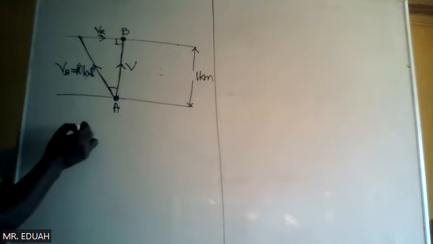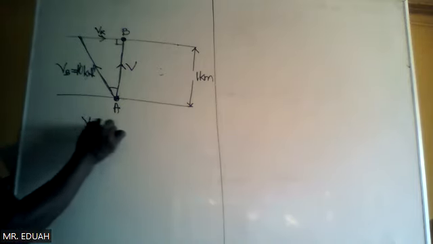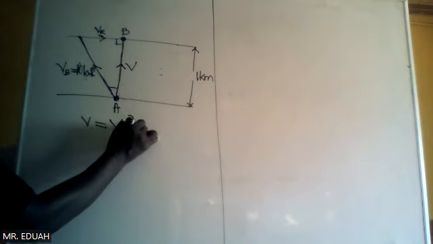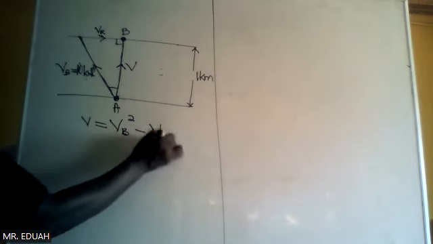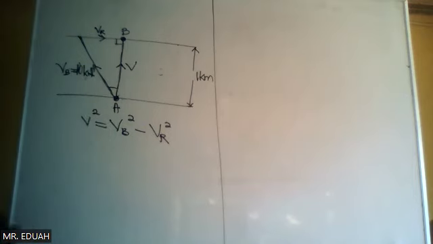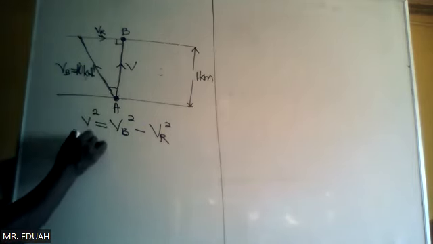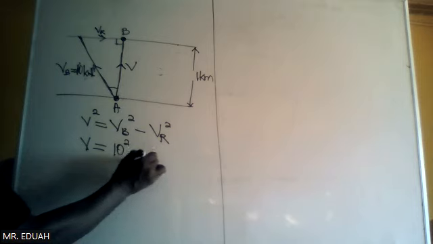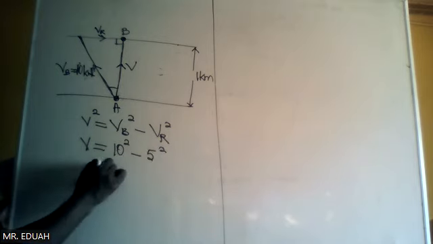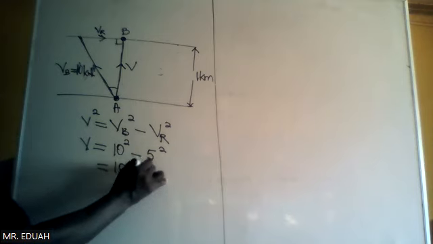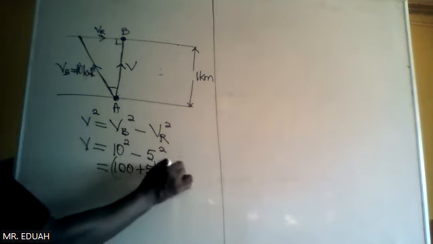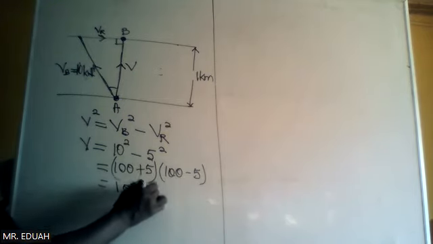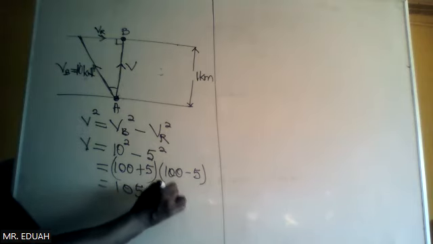So we conclude that to find V, V of the boat squared minus V of the river squared would give us the resultant V. Therefore, V is equal to the square root of 10 squared minus 5 squared, giving us 100 minus 25, or 10 plus 5 times 10 minus 5, which is 15 times 5.